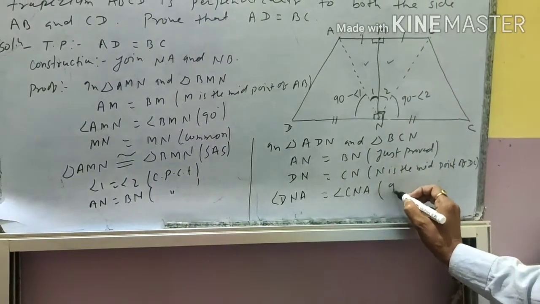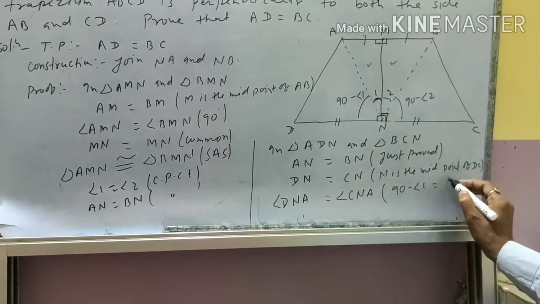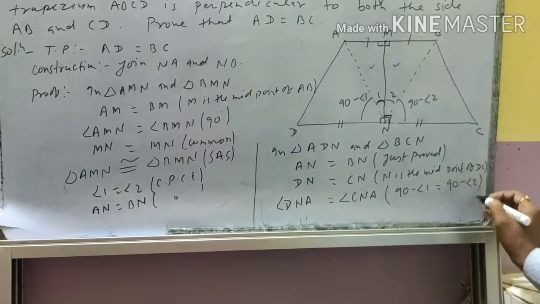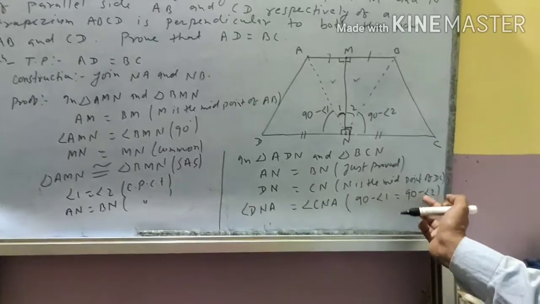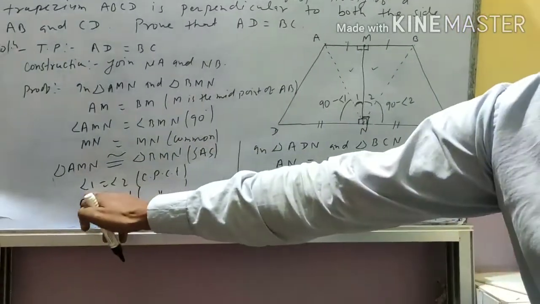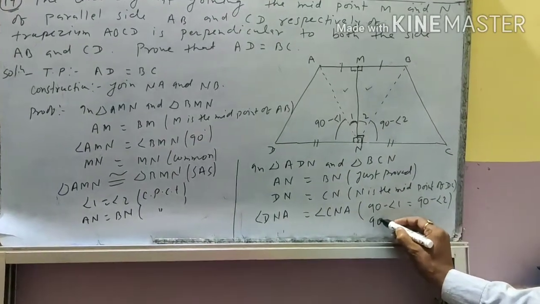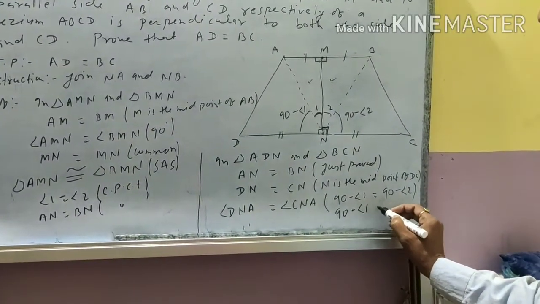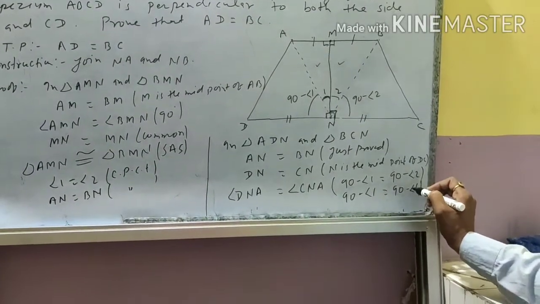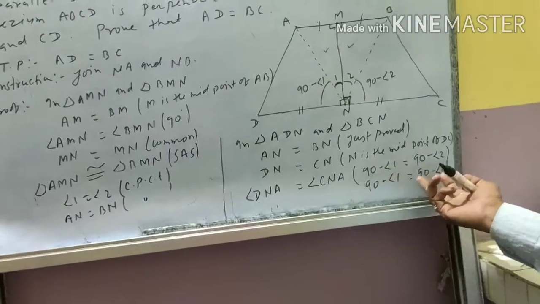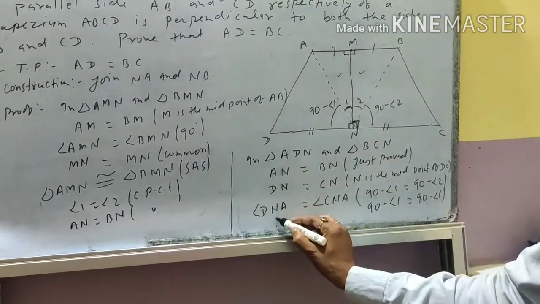Reason is 90 minus angle 1 is equal to 90 minus angle 2. Student, confused? Because 90 minus angle 1 is not equal to 90 minus angle 2. But look here, angle 1 is equal to angle 2. So put angle 2 in place of angle 1, and 90 minus angle 1 is equal to 90 minus angle 2. Look at here, these two angles are equal, so this value is equal to this value.